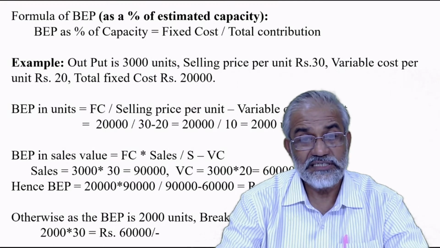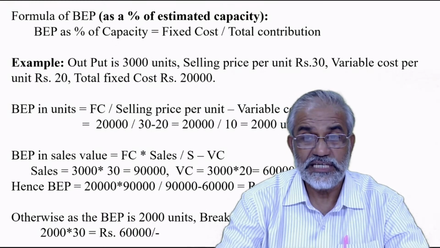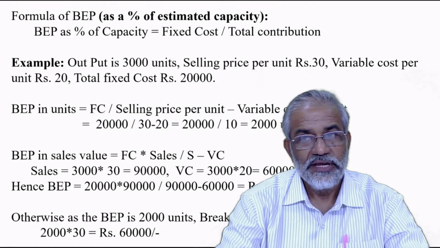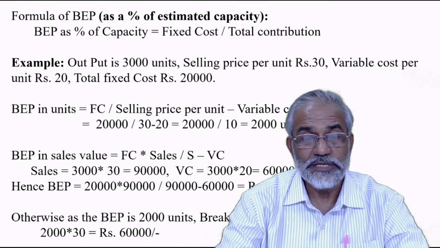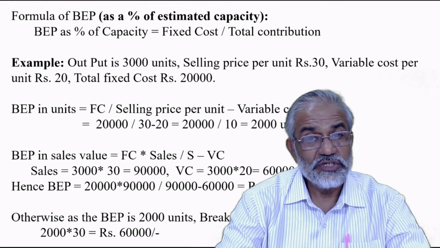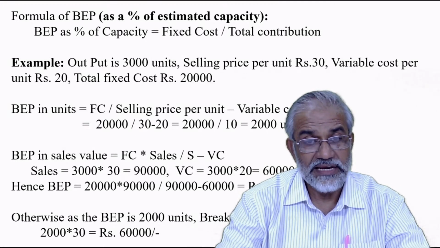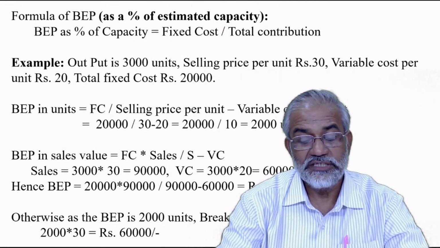Sales price per unit is 30, the variable cost per unit is 20. 30 minus 20, the contribution per unit comes to 10 rupees. When the total fixed cost, that is 20,000 rupees, is divided by the contribution per unit, that is 10, 20,000 divided by 10 gives rise to 2,000 units.